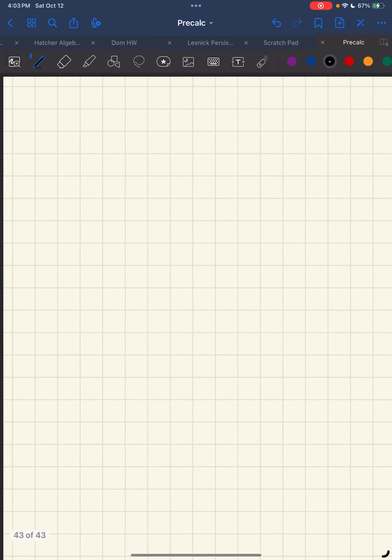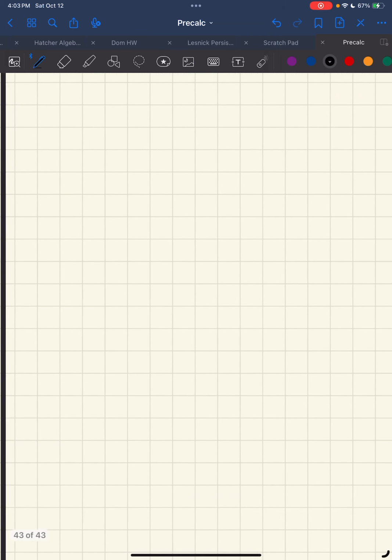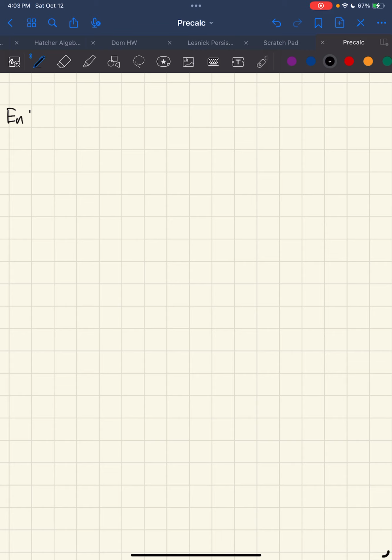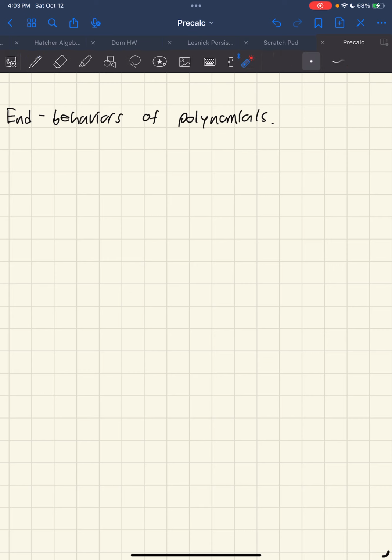Last class, where we left off, we talked about end behaviors of polynomials. All things considered, these weren't too bad, because end behavior of a polynomial is basically, as x gets larger and larger, as x goes to infinity, the polynomial is either going to infinity itself or going to negative infinity.